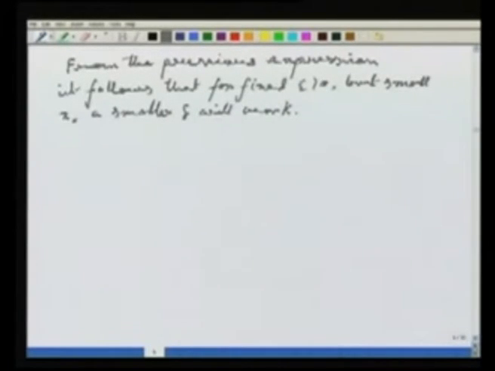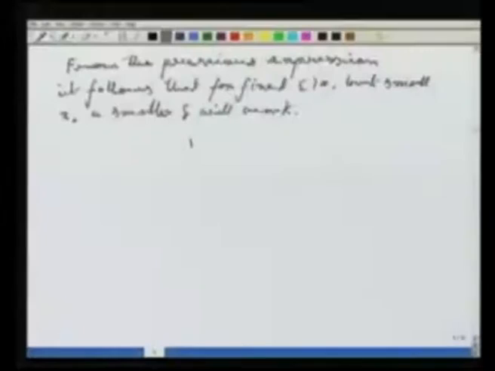This is what I got analytically, but I want to see it from the pictures. Is that possible? Let us try to draw the picture.